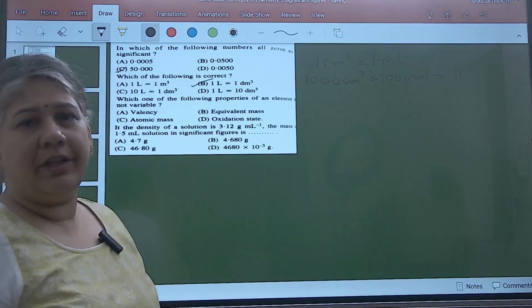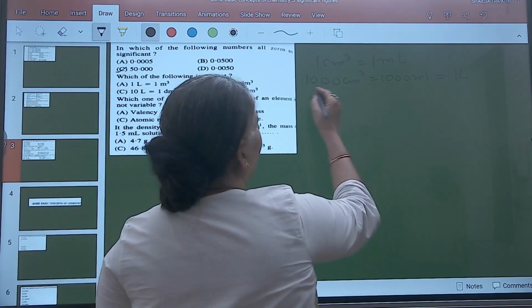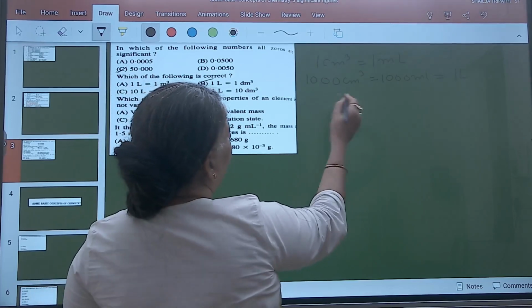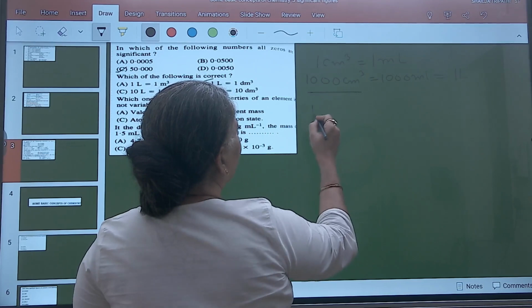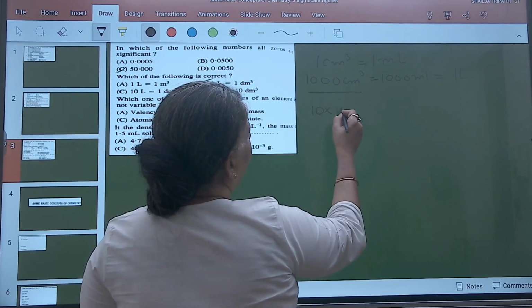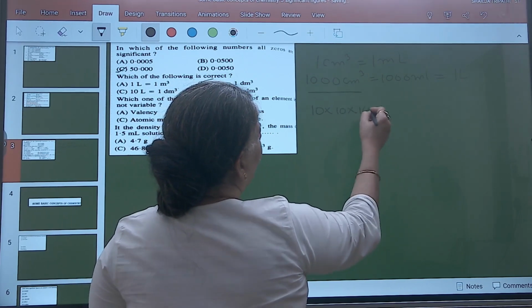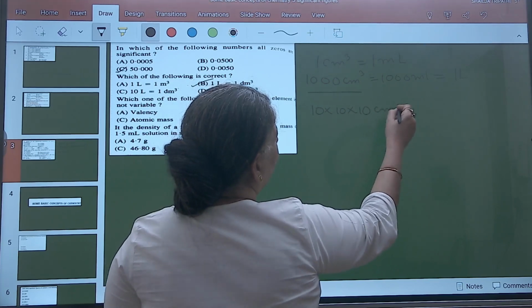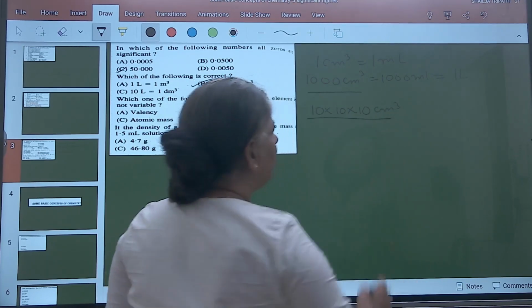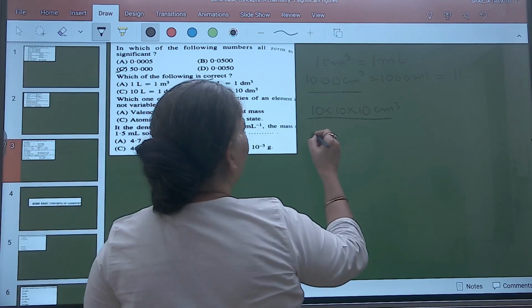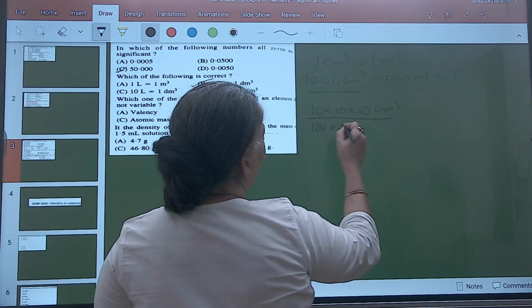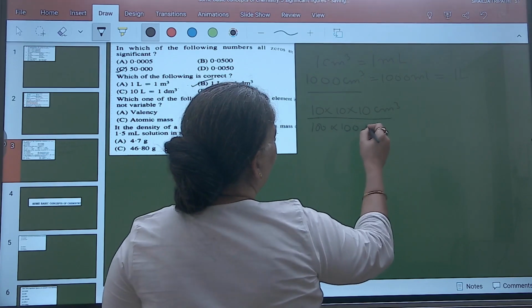Now we can convert this centimeter cube to meter cube by dividing by 100. See, so this is nothing but 10 into 10 into 10 centimeter cube. That is, centimeter is coming 3 times. So what you will do, divide by 100 into 100 into 100.